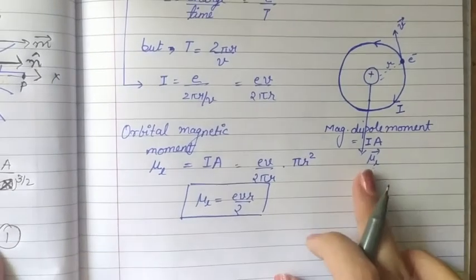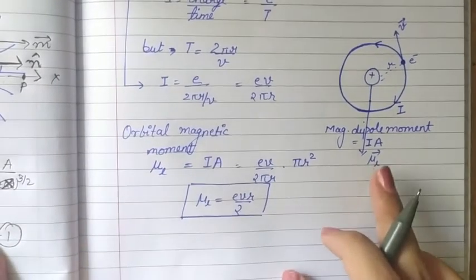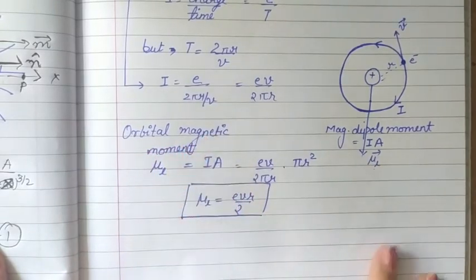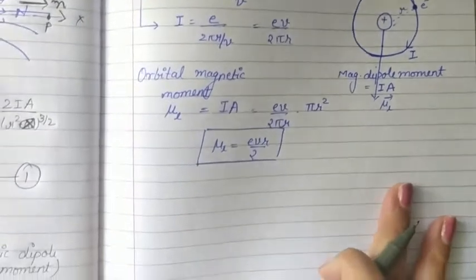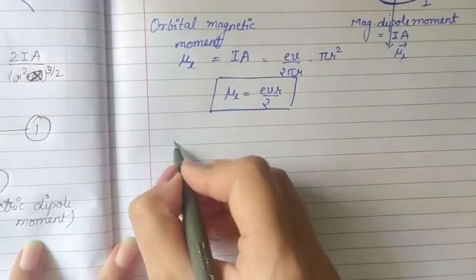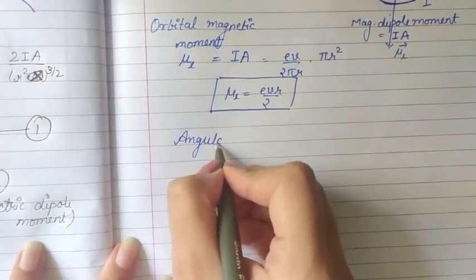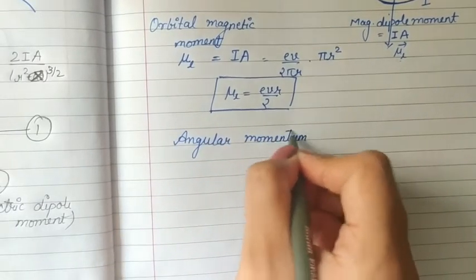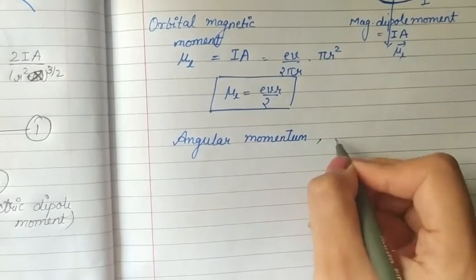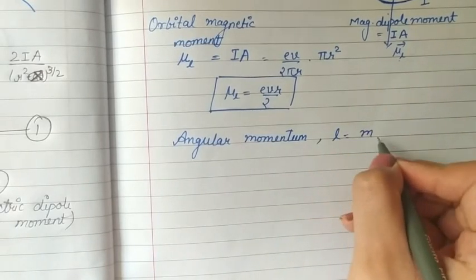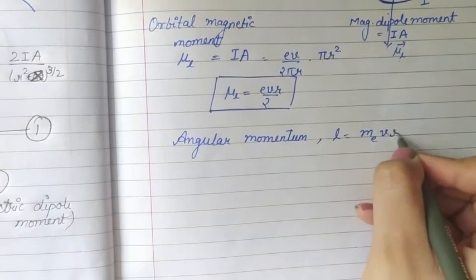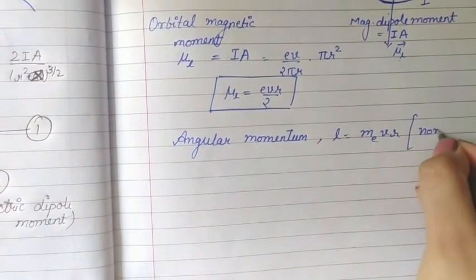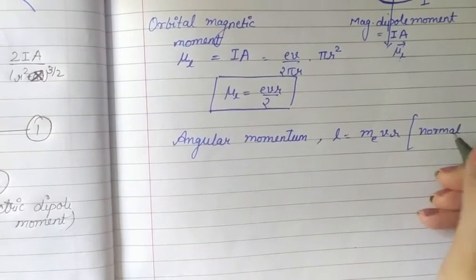This is about the mu L vector, that is magnetic dipole moment of an electron, and we also know it as orbital magnetic moment. But if we talk about angular momentum of an electron, we also know that angular momentum of electron is given as L and is equal to m, that is mass of electron, speed, and r, m e v r, and its direction is normal to the plane and upward.